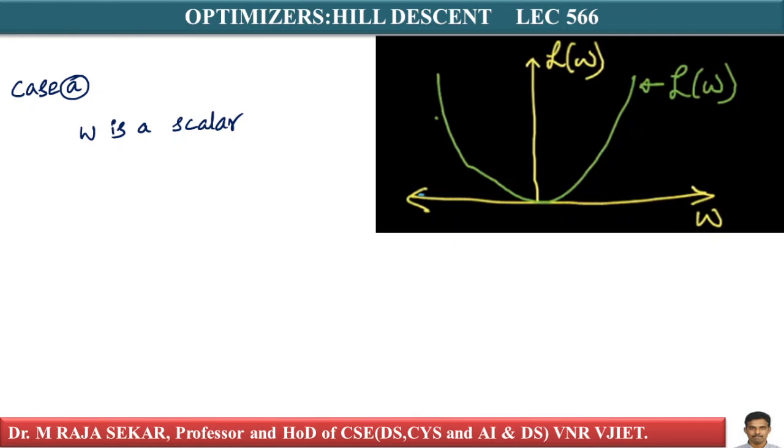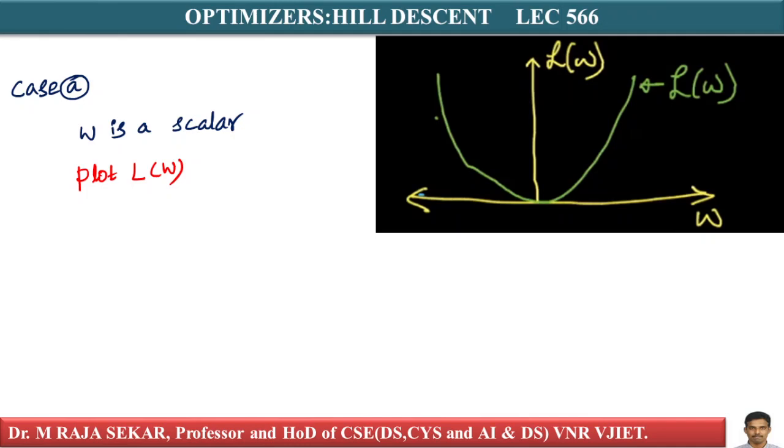W is a scalar, meaning it is just one value, one dimension, one variable. Then I can plot L of W, with W on the x-axis and my loss L of W on the y-axis.